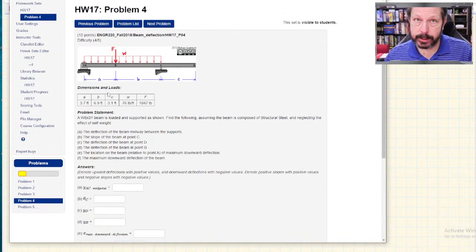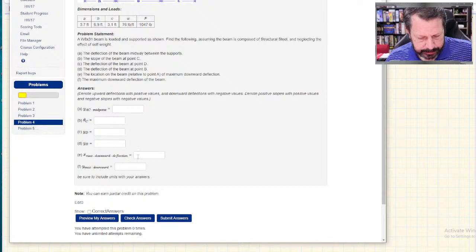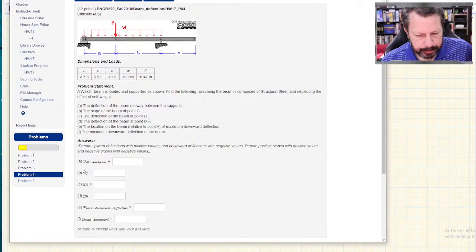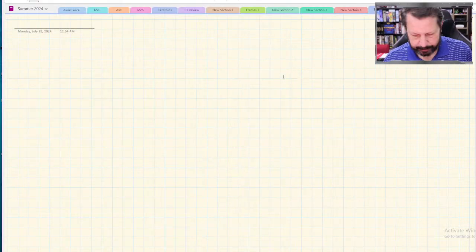So we are finished with beam deflection as far as exam 2 because we've taken exam 2, but it is possible that exam 3 would have a beam deflection equation or a problem on it. So this one, I think we've actually done part. Well, I didn't put the answers in here, but I think we did part of this one maybe. Maybe not. We'll look back in our notes here and see if we have that one anywhere.